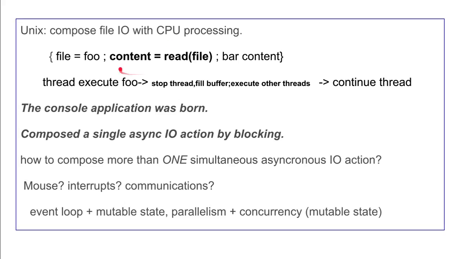Before that, there was no interaction with the program. So the problem is that console applications and the runtimes of languages compose a single I/O operation and do it with the price of blocking.